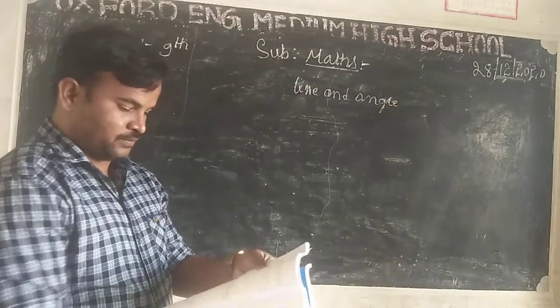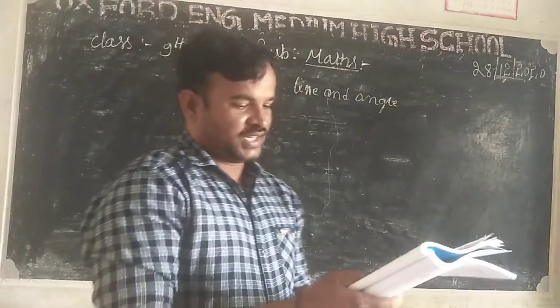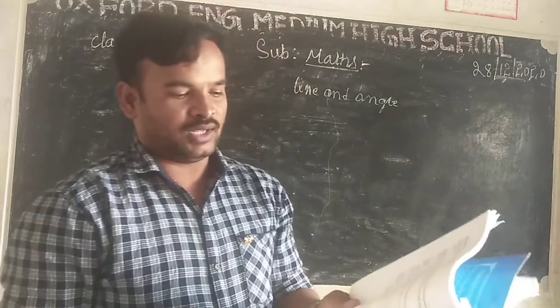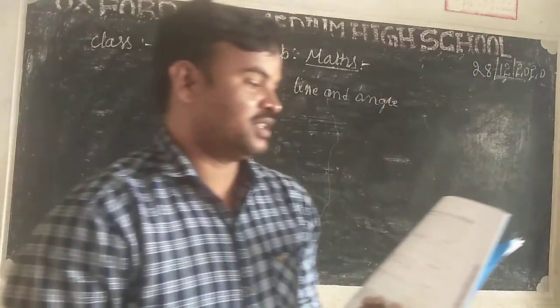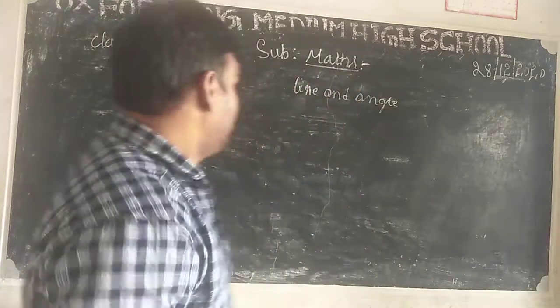Exercise 3.2, first sum: find the value of x and y. They show that AB is parallel to CD.